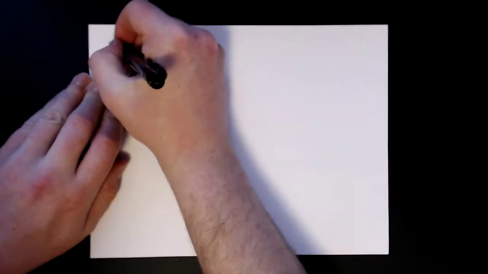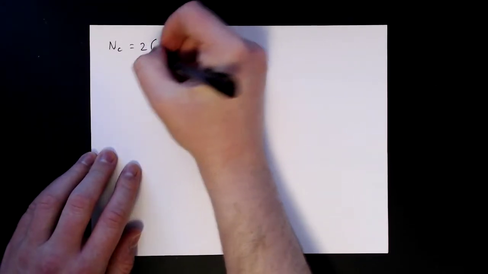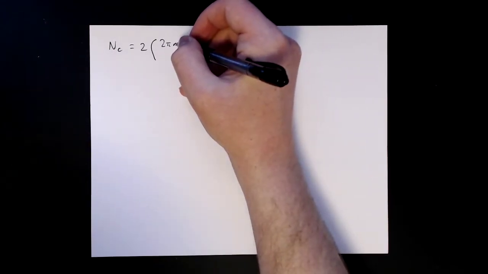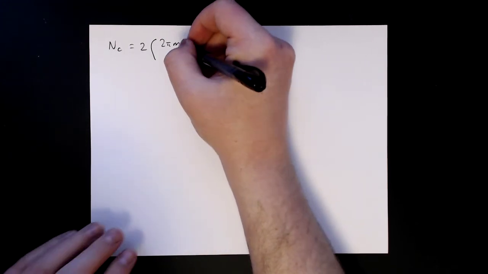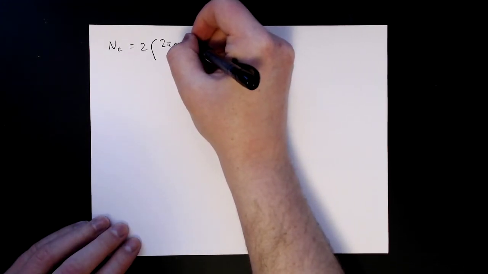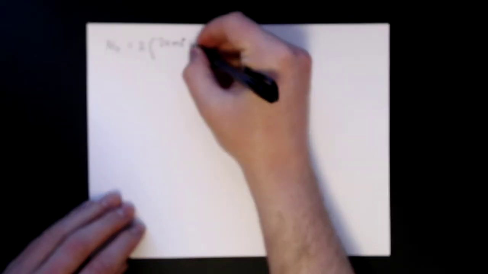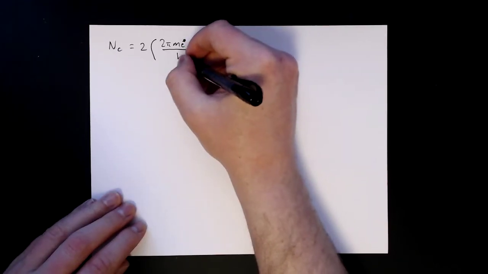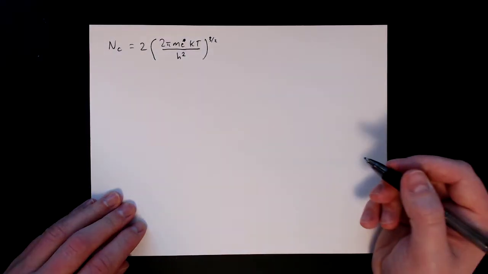For the conduction band, this is equal to 2 times 2 pi me star kT over h squared, all to the 3/2 power.